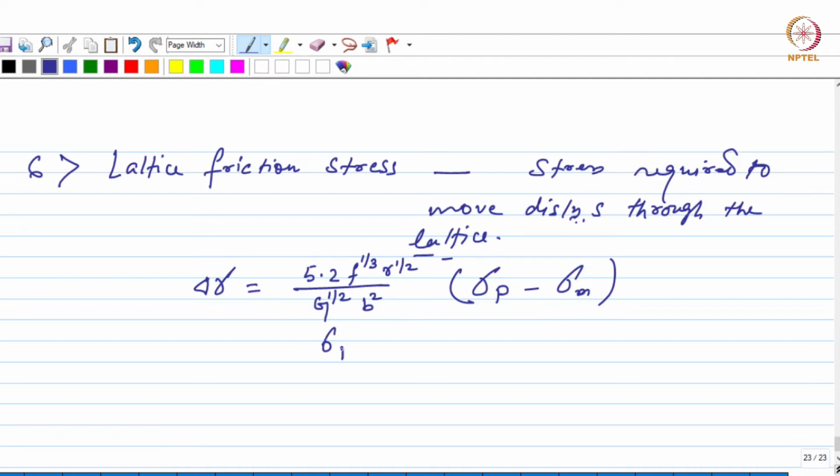Where sigma p is the particle or precipitate friction stress, and sigma m, of course, the same for the matrix.